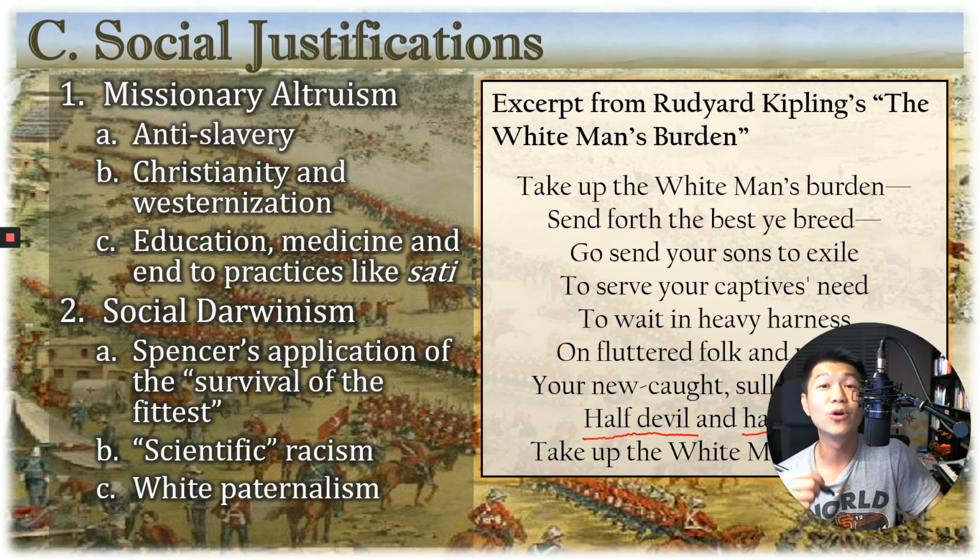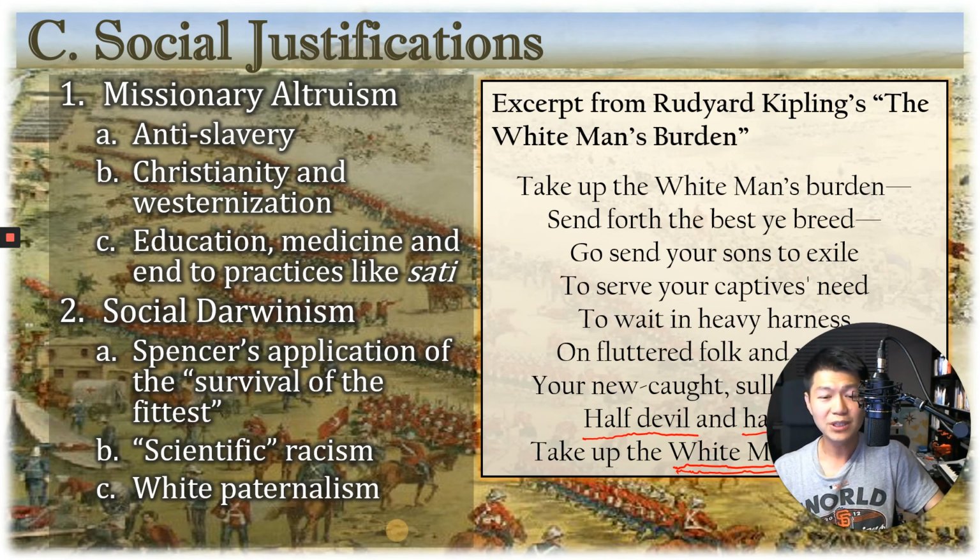And so therefore they need the white man, the European races. And so therefore it is the duty of the English and the Americans and the Germans and the French to take up this burden of, we have to civilize these wretched, wretched people. And so there's some justification here for why they might conquer other territories.